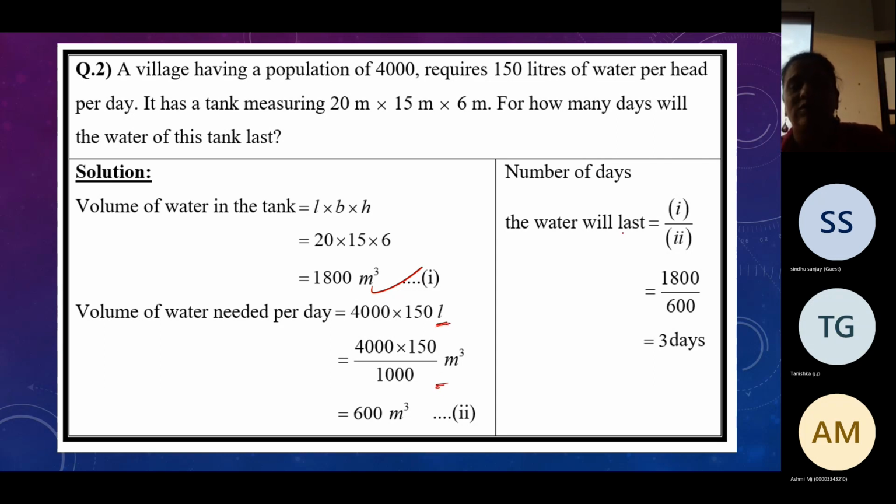Then the number of days the water will last is 1 divided by 2, for 3 days. You can have both in liters or both in meter cube. Work it like this. I'll tell you the other way also. Understand, see the screen, understand, and then write.